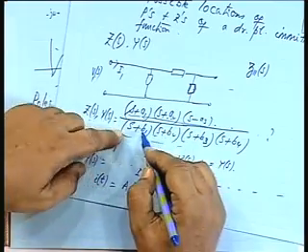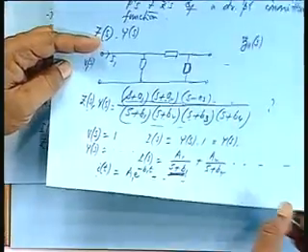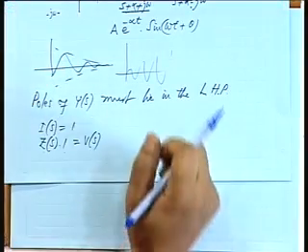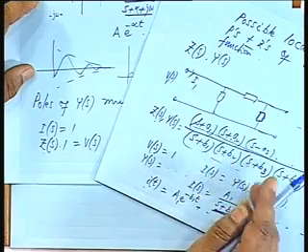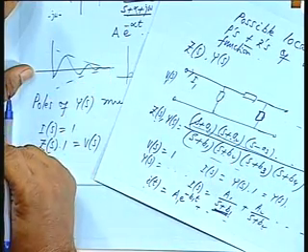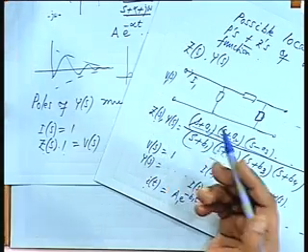So, Zs is nothing but 1 by Ys. So, (s + b1), (s + b2) will go in the numerator, (s + a1), (s + a2) etc. will come in the denominator, and by the same logic, if I apply an impulse of current, I cannot expect the voltage to build up indefinitely. Okay. So, the roots a1, a2, these also should be in the left half plane. So, that means both poles and zeros of Zs or Ys should lie in the left half plane. This is the first criteria for a driving point impedance or admittance function.